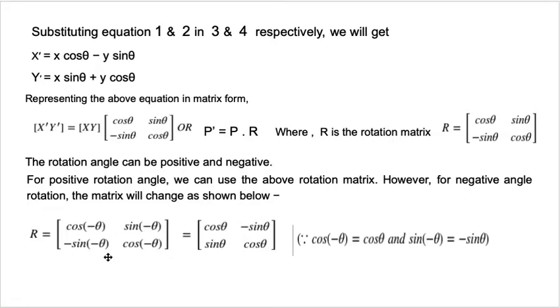Cos of minus theta is cos theta, and sin of minus theta is minus sin theta, so minus of minus sin theta becomes plus sin theta, and cos of minus theta is cos theta. This is what rotation is.